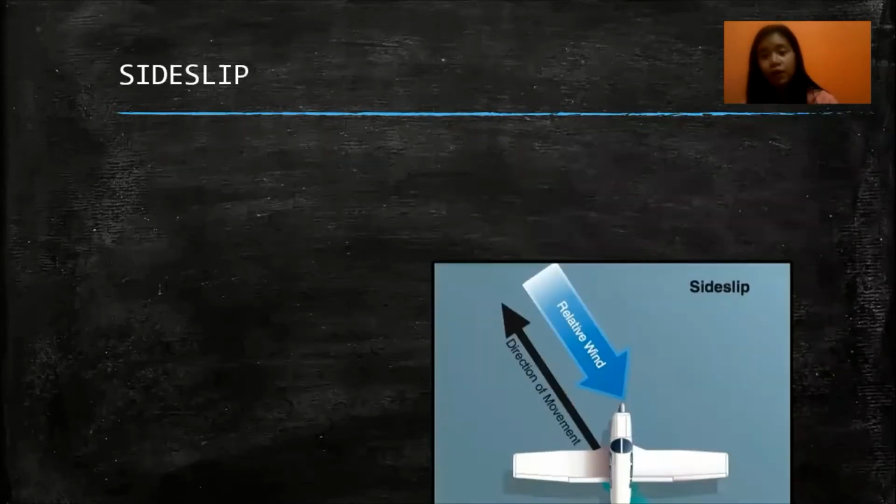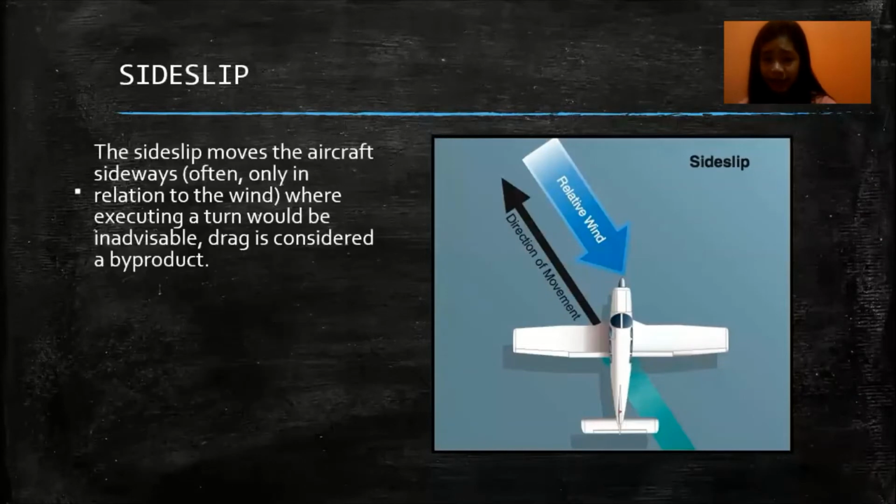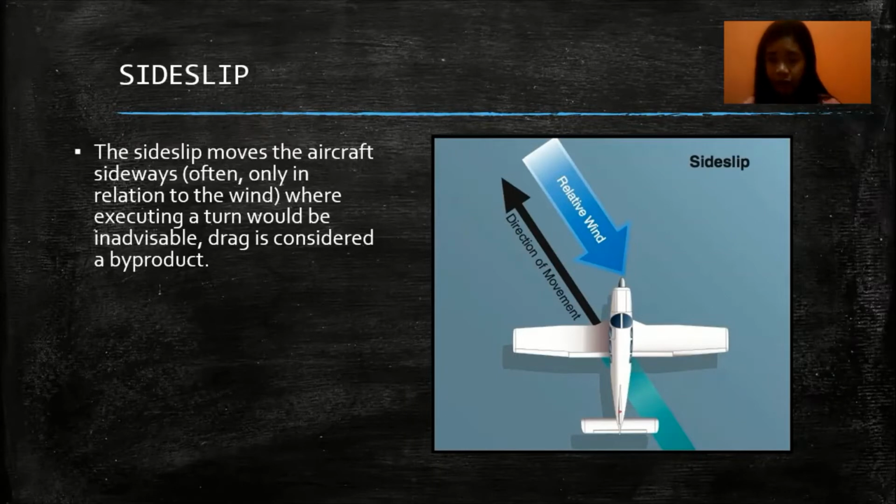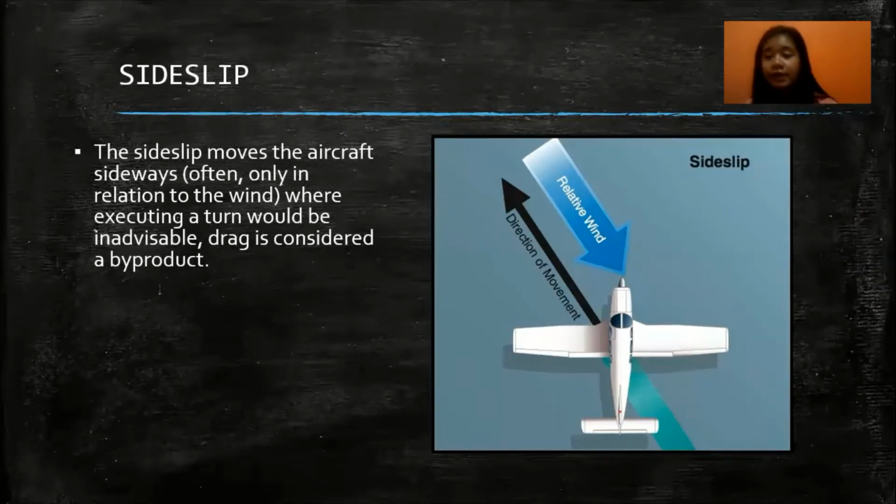So, dito sa slipping situation, mostly nagagawa ng mga aircraft pilot ay side slip. So, kapag sinabi nating side slip, the side slip moves the aircraft sideways, often only in relation to the wind, where executing a turn would be inadvisable kasi drag is considered a byproduct.